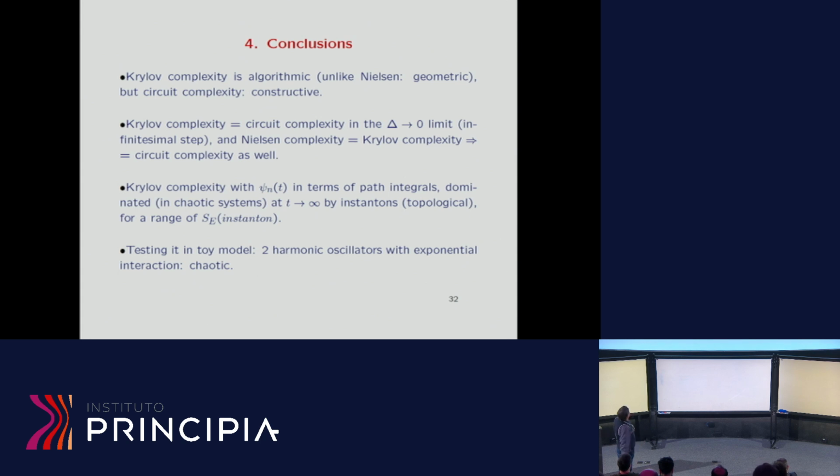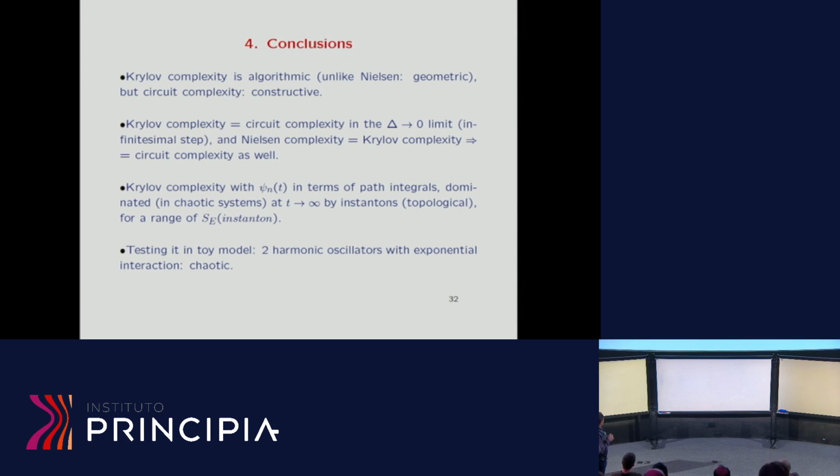And to conclude, we've found that the Krylov complexity is algorithmic, but circuit complexity is constructive, and the two are equal in some limit where the step size goes to 0. And also previously it was found that Nielsen complexity and Krylov complexity are the same.